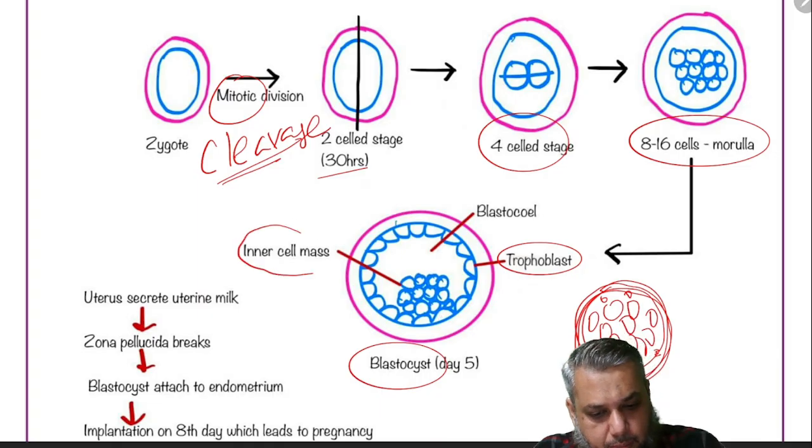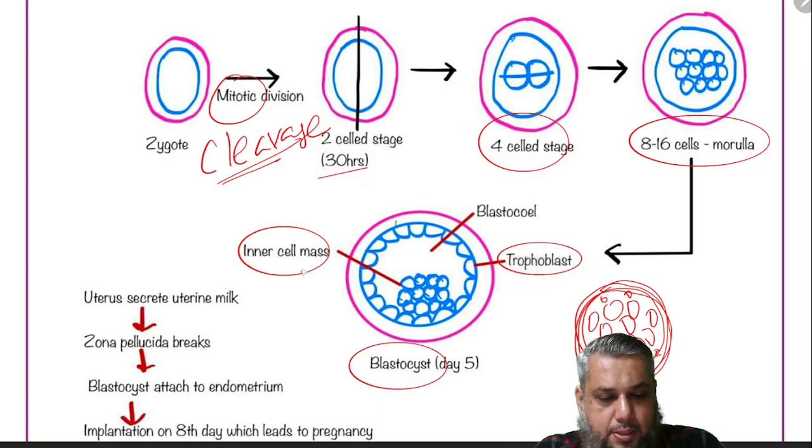These are the inner cell mass, or it is called the embryoblast. And this embryoblast will actually form the fetus. It will form the embryo first with the ectoderm, mesoderm, and the endoderm. The trophoblast helps in the formation of the extraembryonic layers.